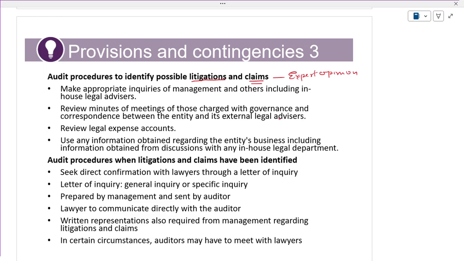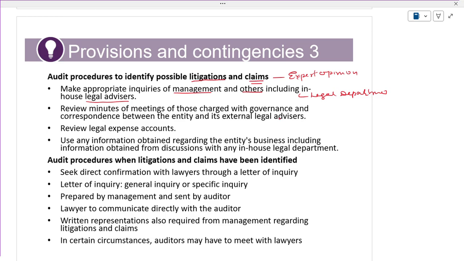If there are any legal cases against the company, make appropriate inquiries with the management and others, including legal advisors. Every company will have a legal department. If any inquiries are there, you have to check with the management or legal.